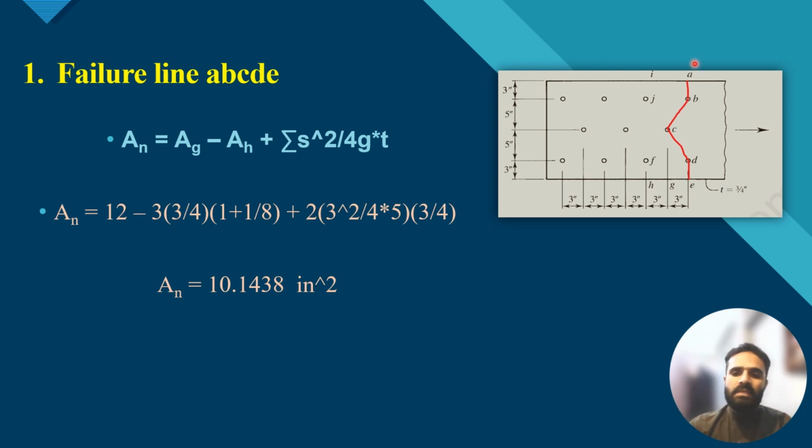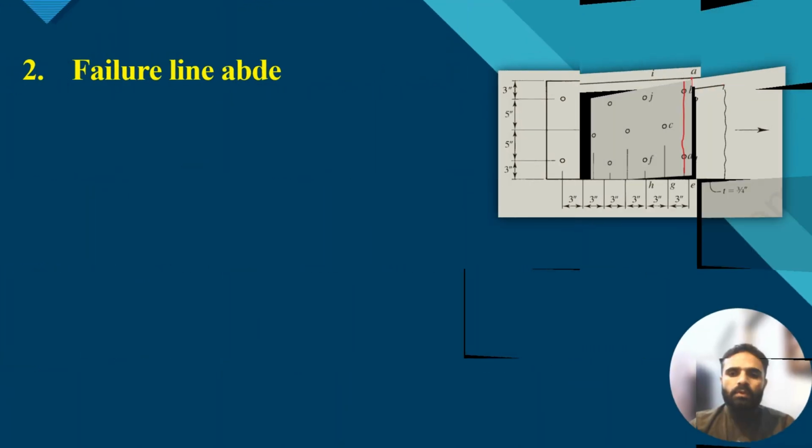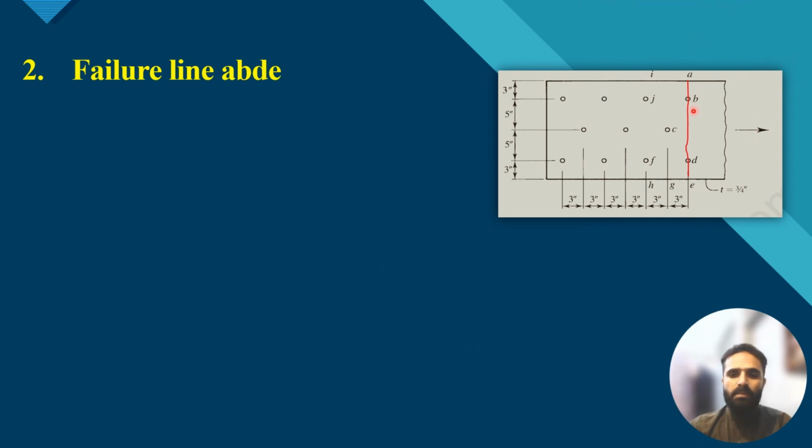If I am considering the failure is straight, without considering the staggered failure, I am considering the straight failure through this path A, B, D, E. If I am considering this path, the net area calculation will be easy.